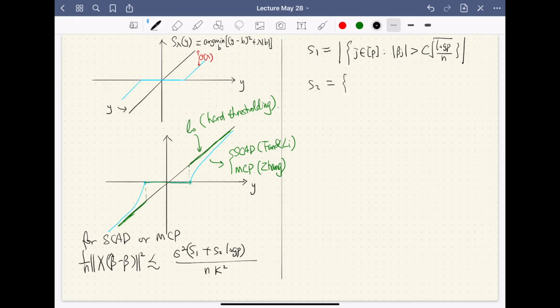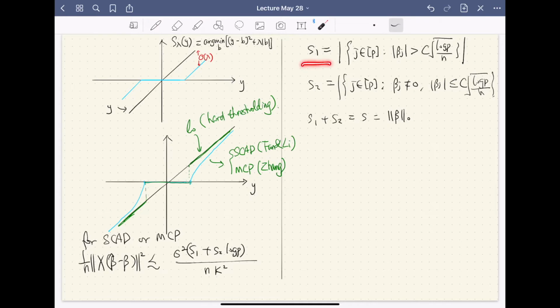S2 is the cardinality of the coefficients that are not zero, but whose magnitude is bounded by some constant times root log p. If you calculate S1 plus S2, you can call it S, the sparsity of the regression coefficient. Basically, S1 is the number of large coefficients and S2 is the number of small coefficients.